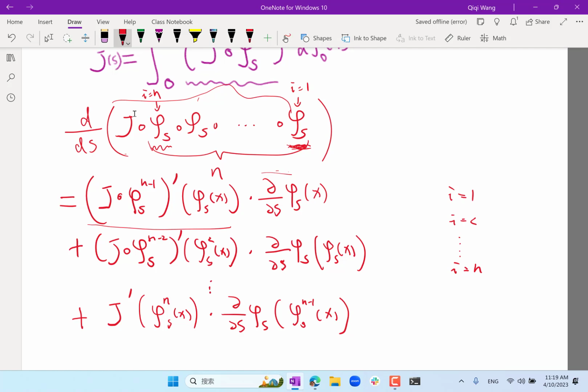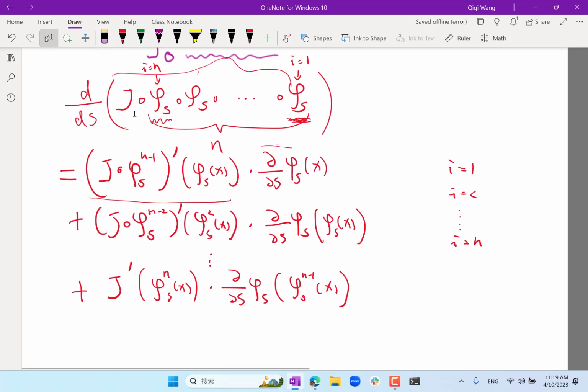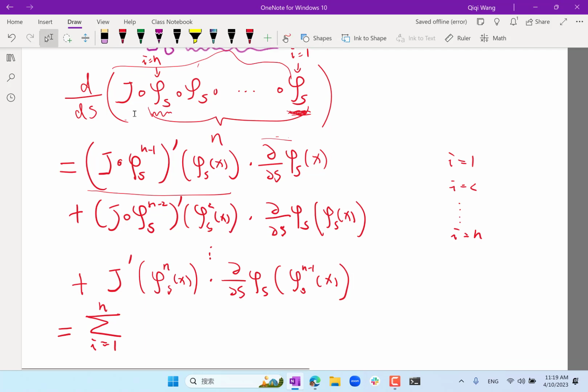All right. So now if we write them together as a summation, let's figure out the rule, i equal to 1 to n. We are going to find out that the first component is j compounded with vs to the power of n minus i, the derivative of that.